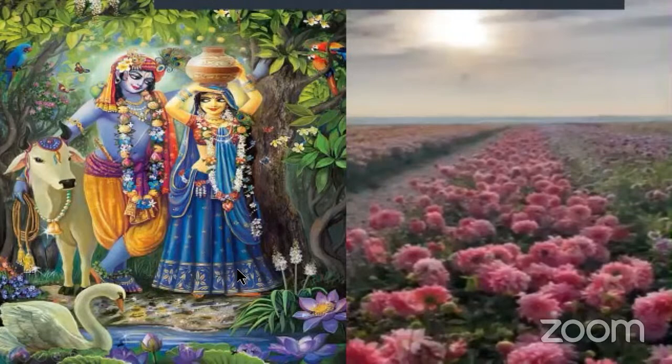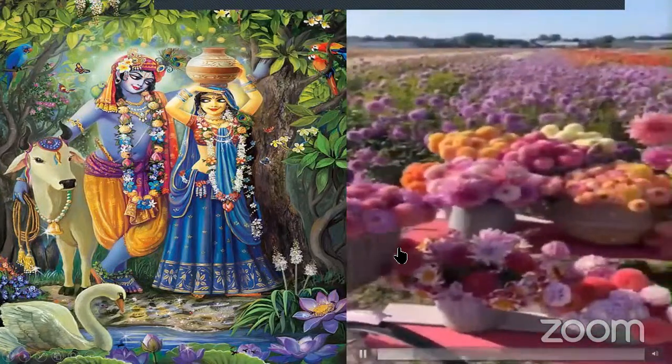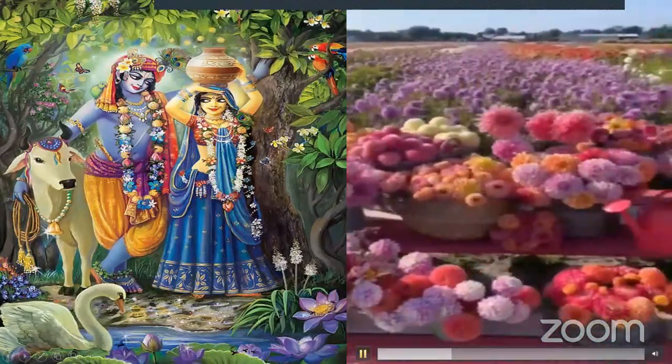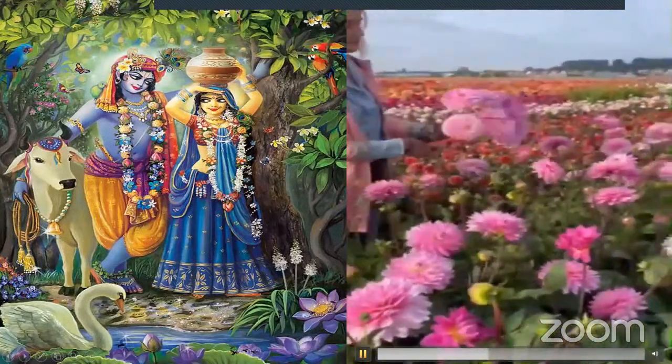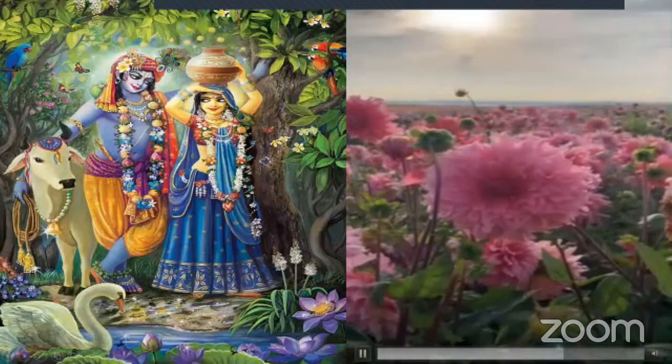You can pluck as much as you want. Just like that, Mataji, you can also pluck as much as you want, and you can keep it. You can take a cycle basket like this and fill it, and then you can bring it and offer it for our Radha Krishna. Okay.